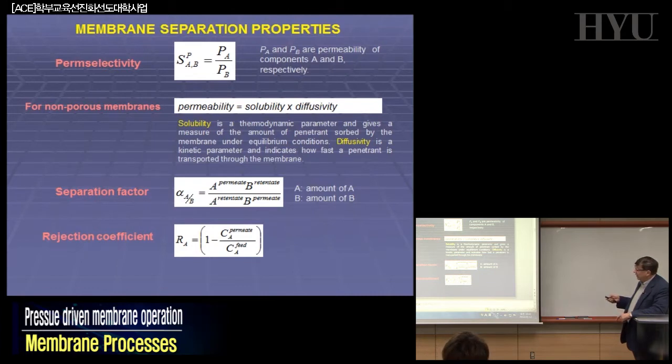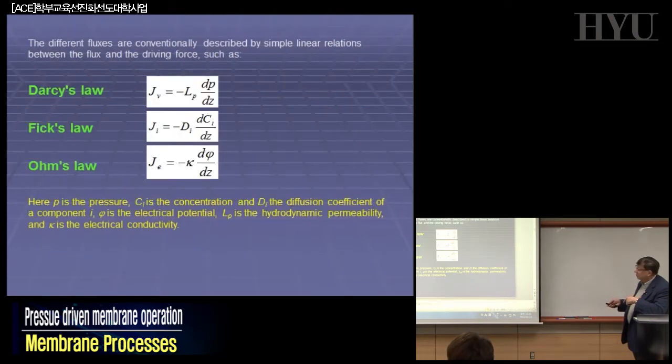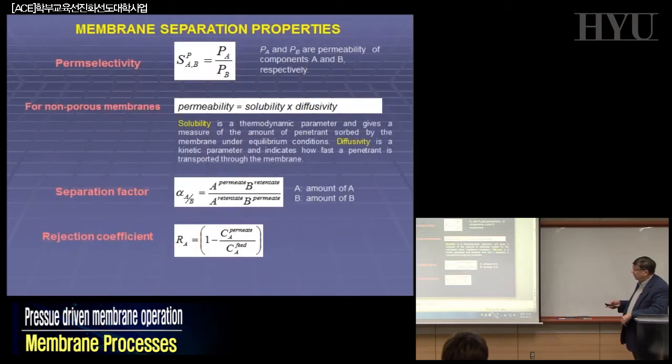The other one that gives our permeability is diffusivity. Once you have a concentration of your solute on one side of your membrane, you apply, as we said before, Fick's law. You are creating a concentration gradient across your membrane, so you have a diffusion across it, characterized by this diffusivity.